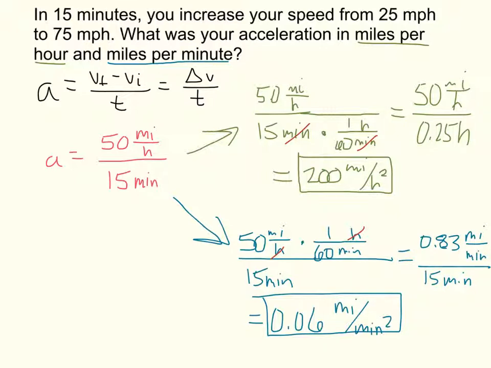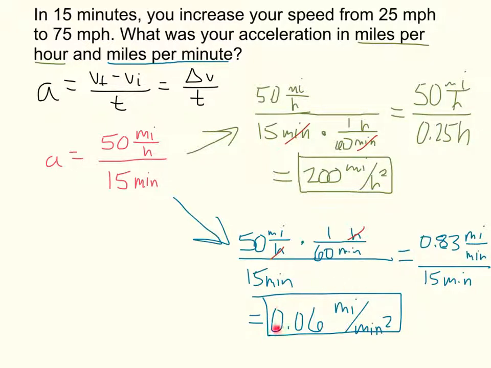If you've ever driven from 25 miles an hour to 75 miles an hour and increase your speed, usually that takes less than a minute if you're driving safely, or around a minute 30 seconds if you're driving safely, depending on the situation. 15 minutes is an extremely slow rate of acceleration if you look at each particular minute.